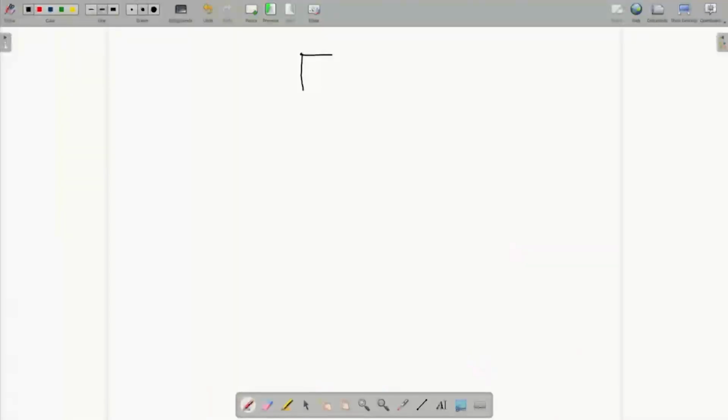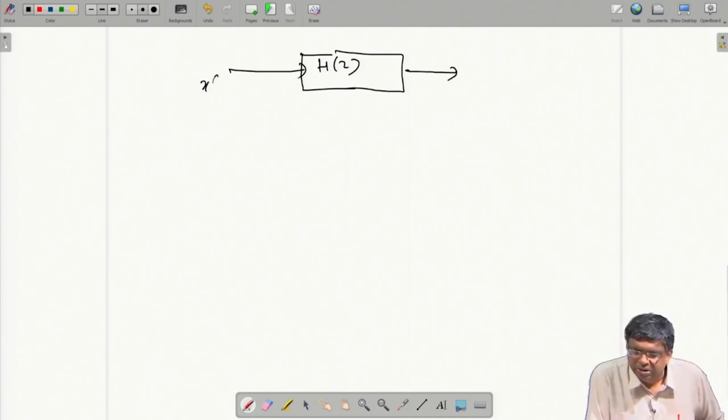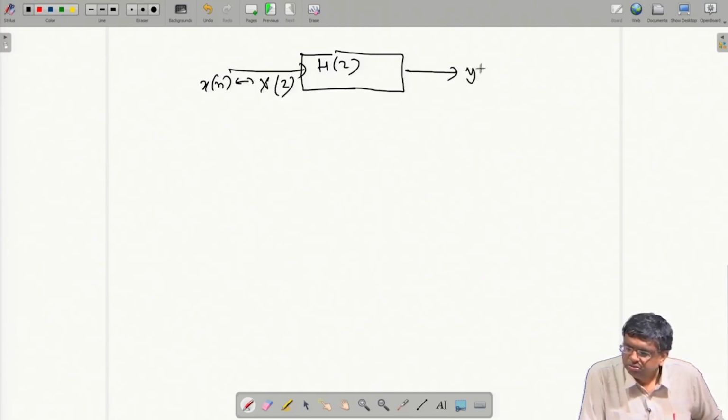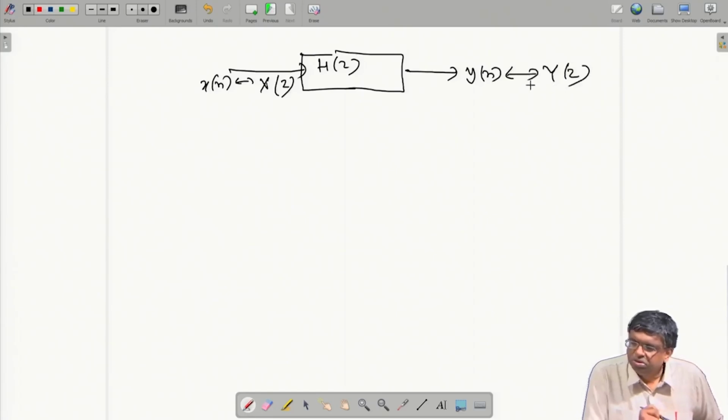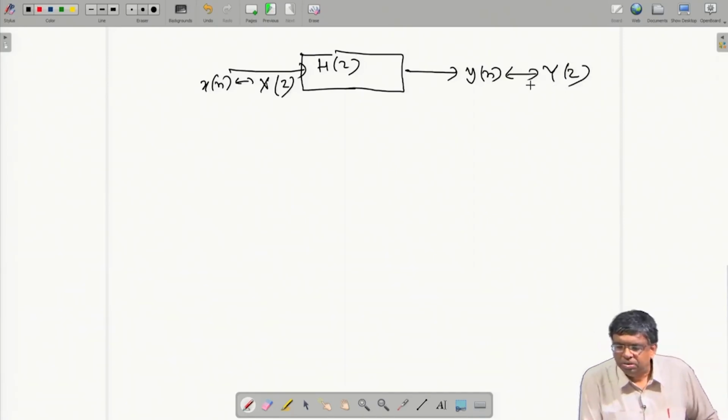So, you basically have an FIR filter whose transfer function is h z, input is x n whose z transform is x z, output y n whose z transform is y z.